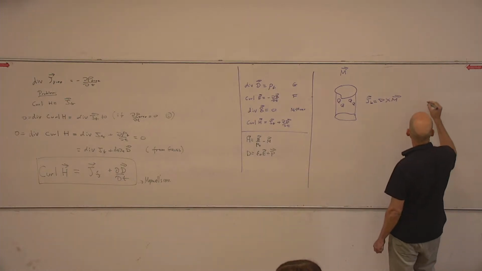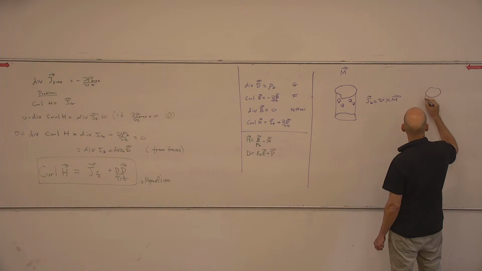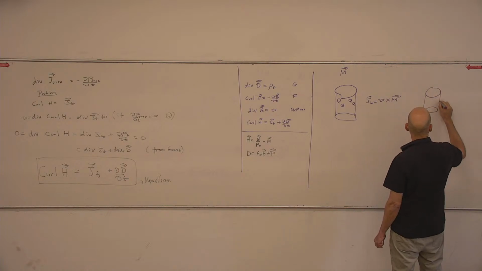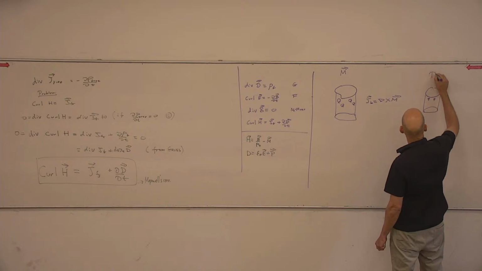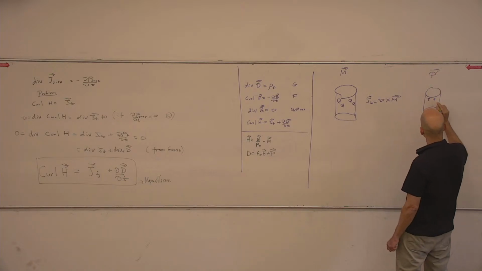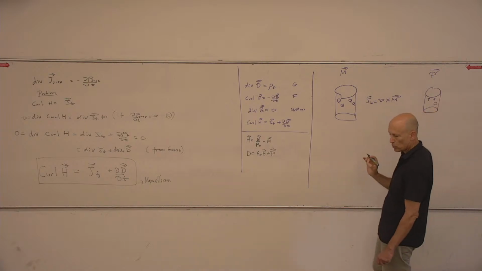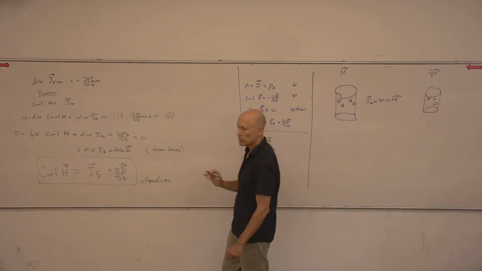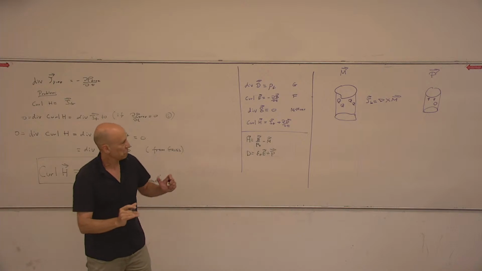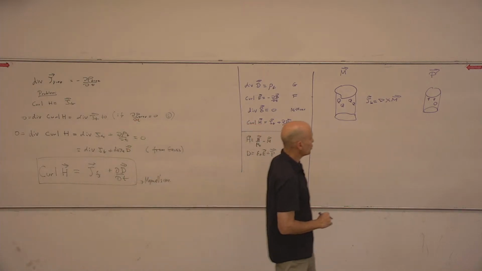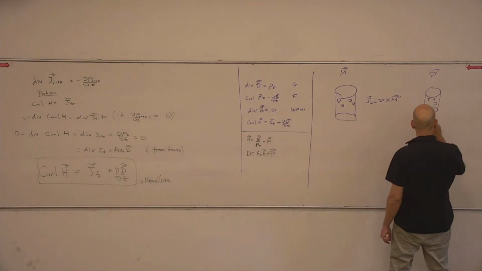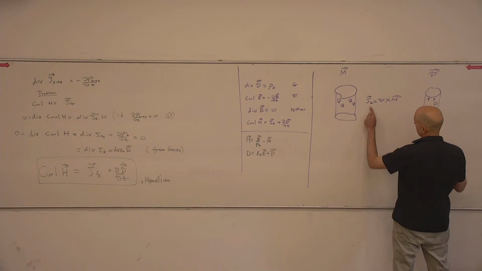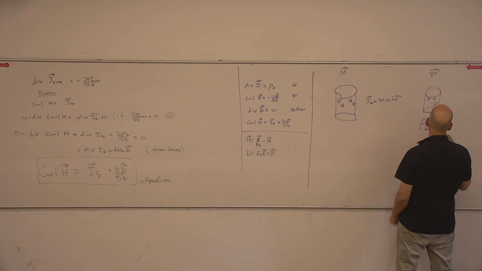And then if I have a material with dipole moments, so I have a polarization field. Again, I looked at some volume, I sum up all the small electric dipole moments, I have some polarization field. And then I have rho_B. B is for bulk, rho_B.